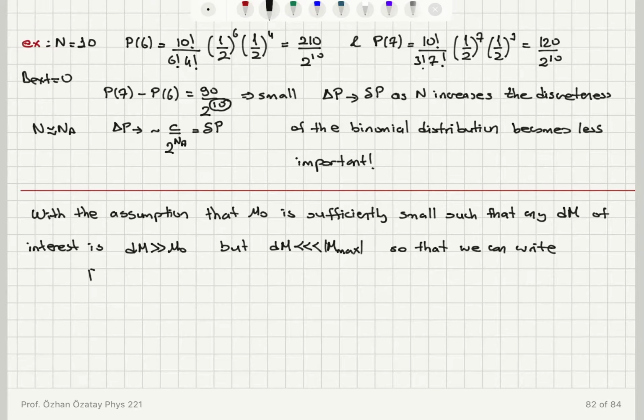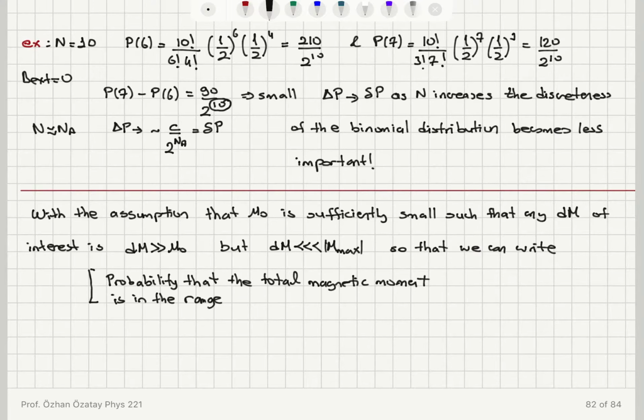The answer to the question: probability that the total magnetic moment is in the range m to m plus dm is the probability density function P of m multiplied by dm.